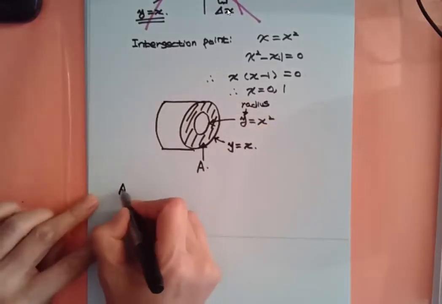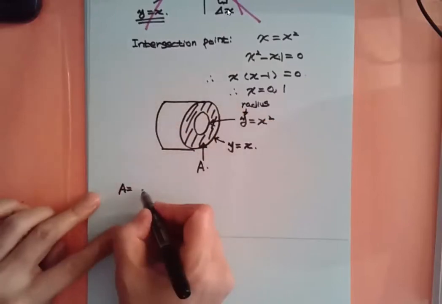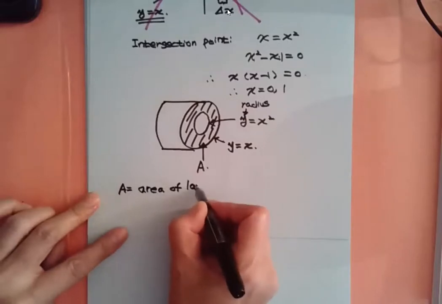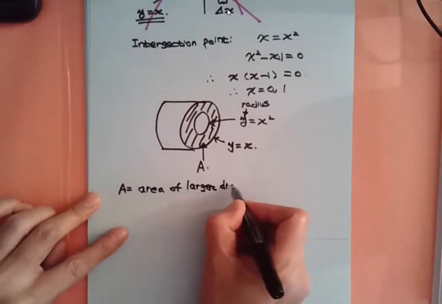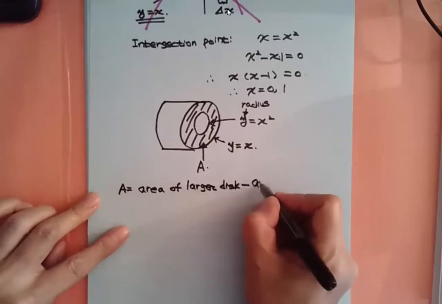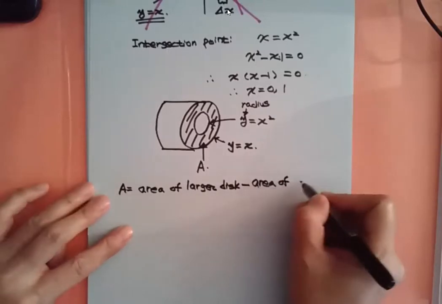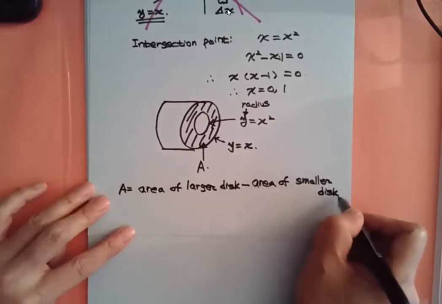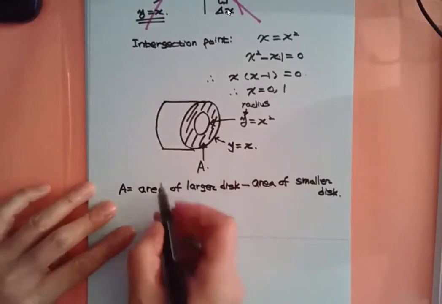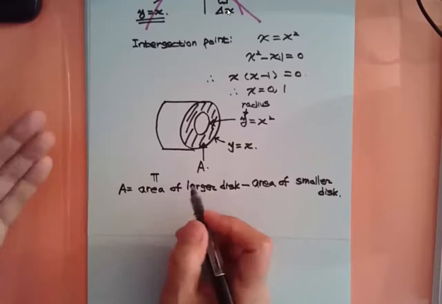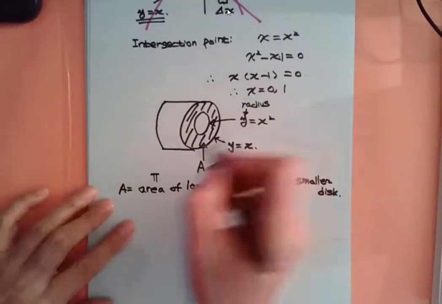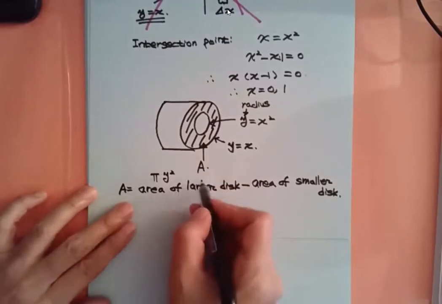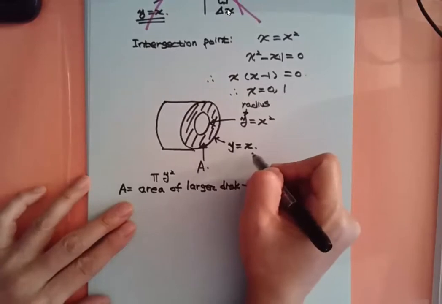To calculate the area of this part, that is the area of the larger disk minus the area of the smaller disk. Area of the larger disk is pi r squared. Radius is y, so pi y squared. The larger disk's equation is given with y equals x.